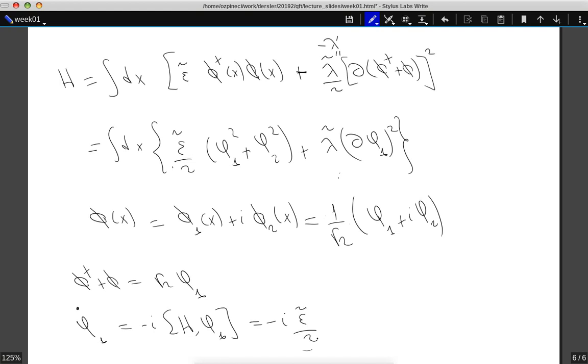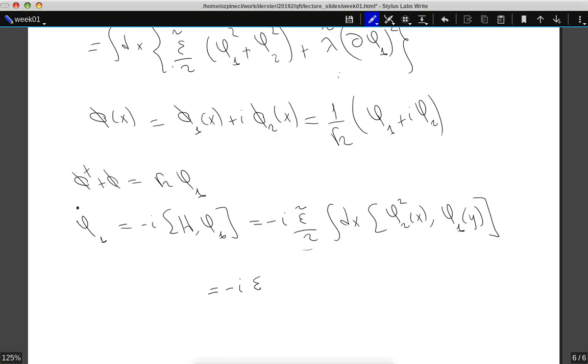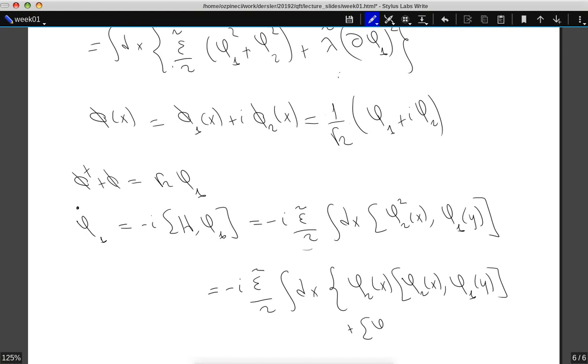So this is actually equal to minus I epsilon tilde over 2 dx phi 2 squared at the point x with phi 1 of y. So I can use the commutation rules. This is dx phi 2 of x, the commutator of a product with a single operator, phi 2 of x, phi 1 of y, plus commutator of phi 2 of x, phi 1 of y, phi 2 of x.